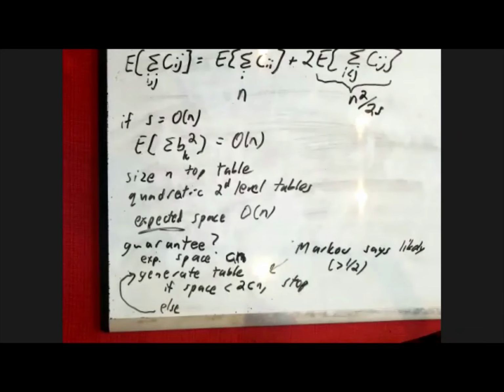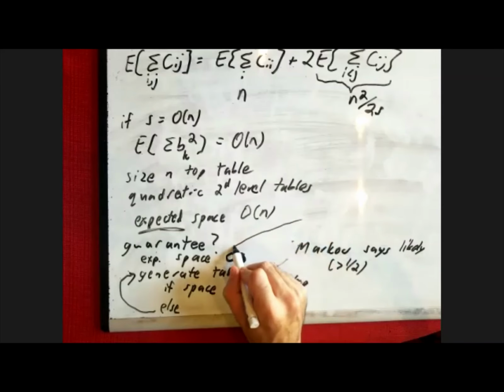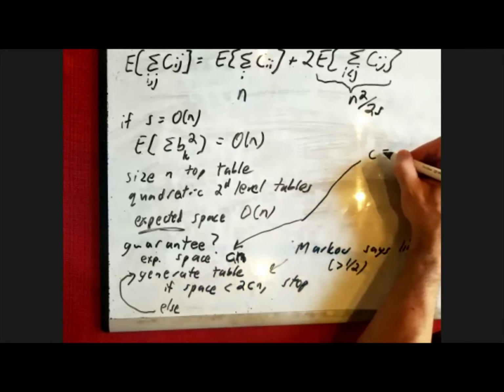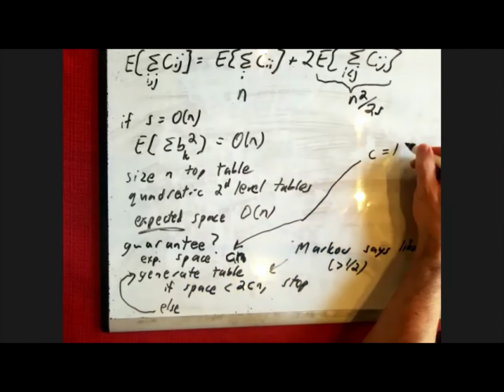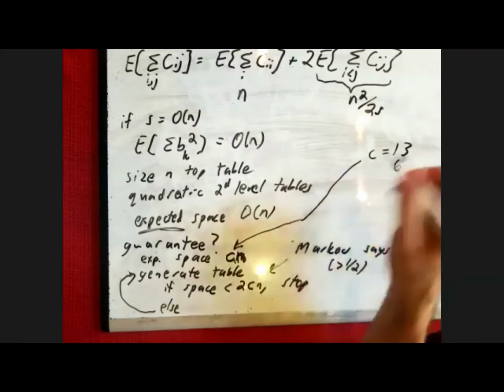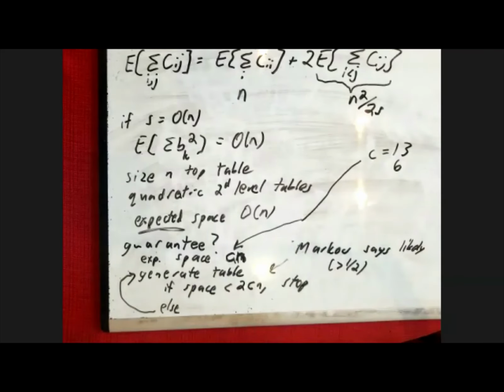All right. Just to wrap up, let me tell you about this quantity C. If you work through exactly what we did, you discover that C is about 13. You need to use about 13N memory locations to get a perfect hash function. With a little bit more work, you can get it down to 6N memory words.